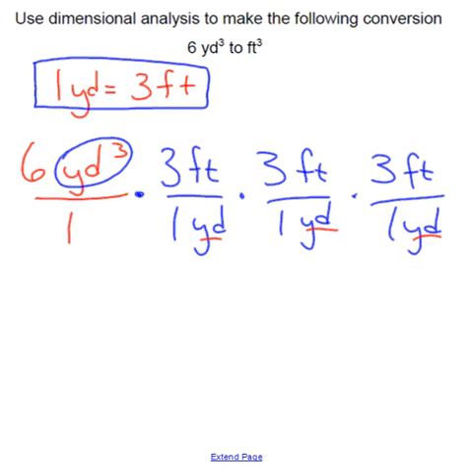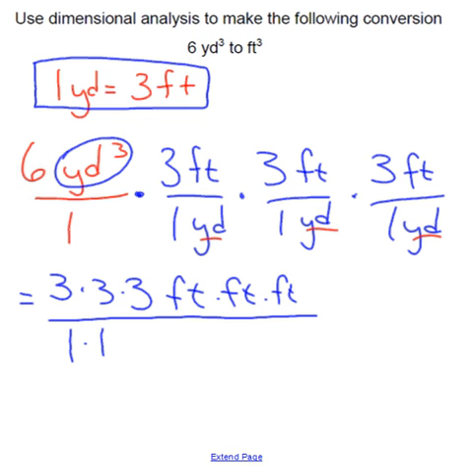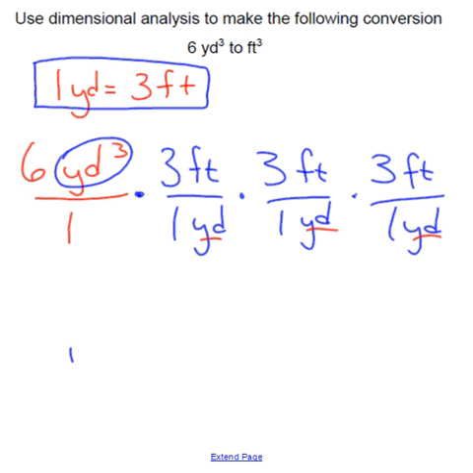So now that becomes, on the top I have 3 times 3 times 3, and then I have feet times feet times feet. Over on the bottom I have 1 times 1 times 1. I'm going to do that a little differently here because I left out my original number, which is really important. So I have my 6 cubic yards.